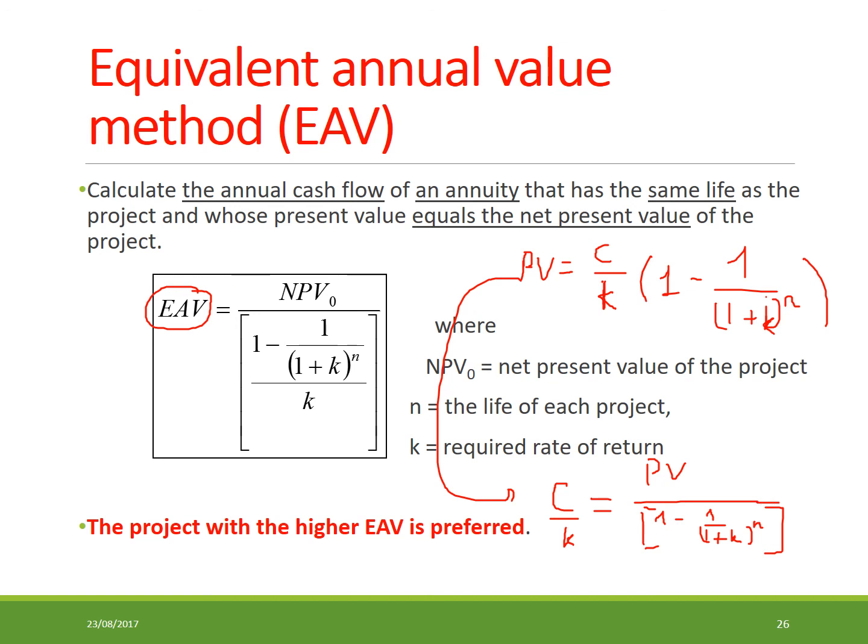Okay. We then take K to the other side of the equation. So we have C equal to PV times K divided by 1 minus 1 divided by 1 plus K to the power of n.